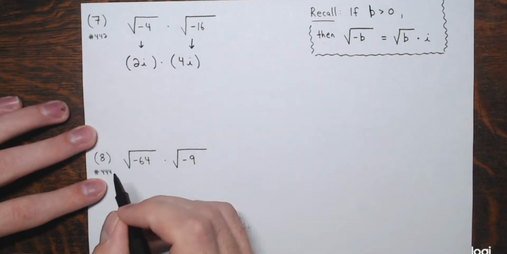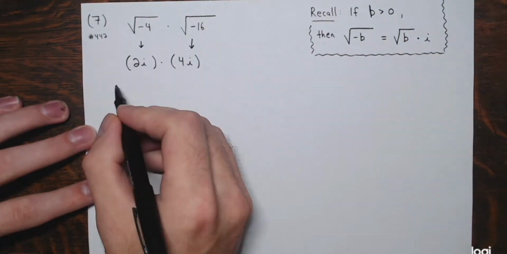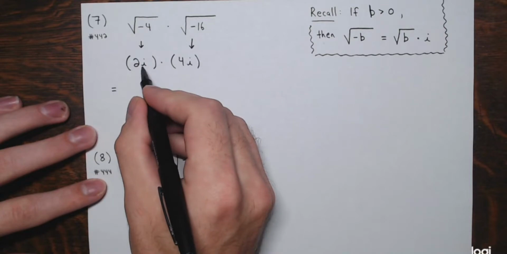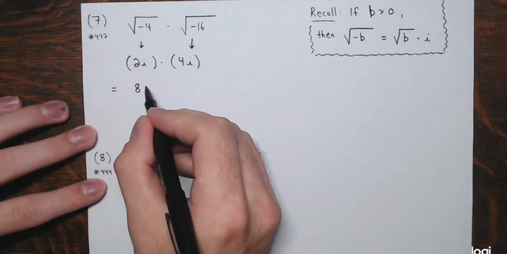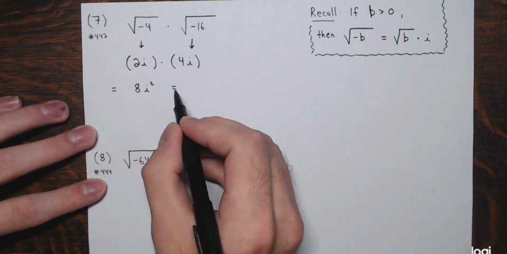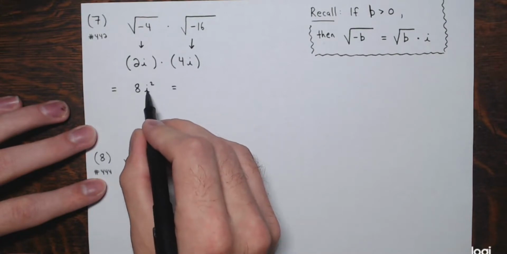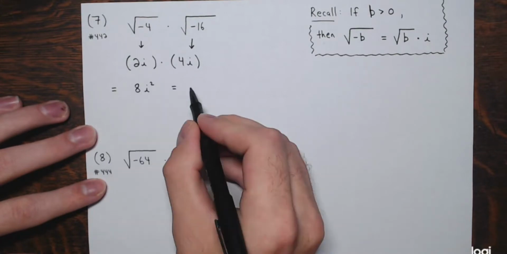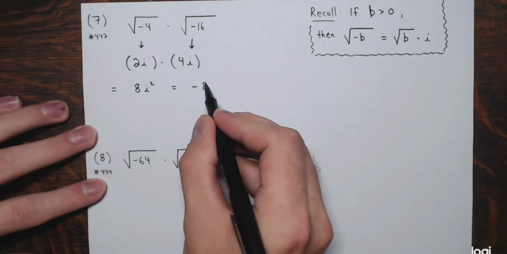Okay? And then we multiply. 2i times 4i would be 8i squared. But don't forget that i squared is negative 1. So this is 8 times negative 1, which is negative 8.